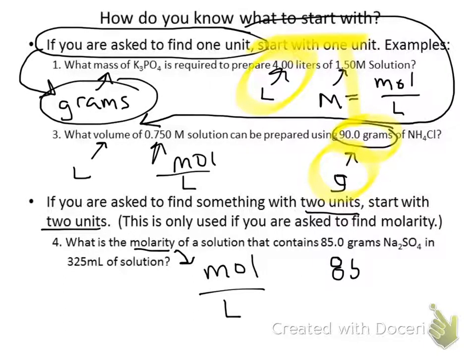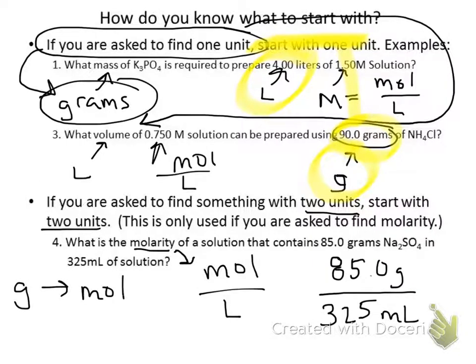Now, what is the closest to moles in the problem? You can see I'm starting to write 85 grams, because 85 grams can be converted into moles. So that's why it goes on the top. And the 325 milliliters is very similar to liters, and that's why it goes on the bottom. So you would convert your grams to moles, and then your milliliters to liters, and then you can divide and get the answer.